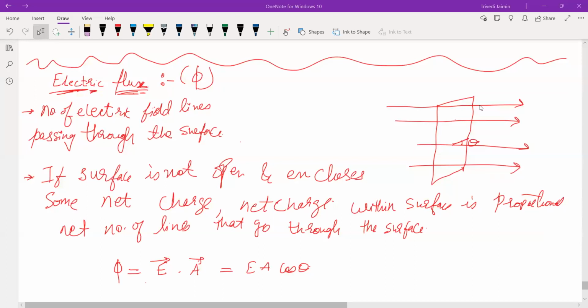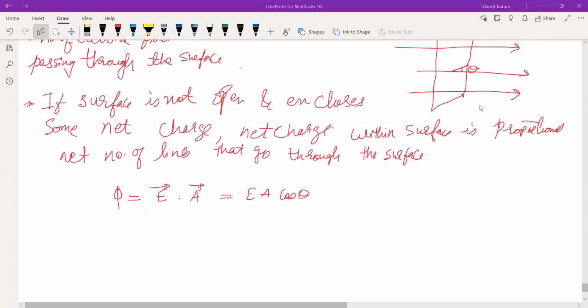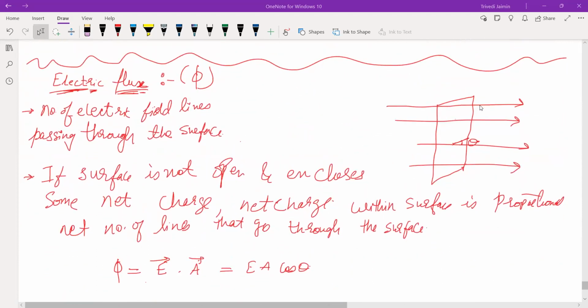Now this one was a uniform surface. If it is a non-uniform surface, the area is not constant. Remember 11th standard, you have studied something: if the area is not constant, not uniform, how will we calculate that?